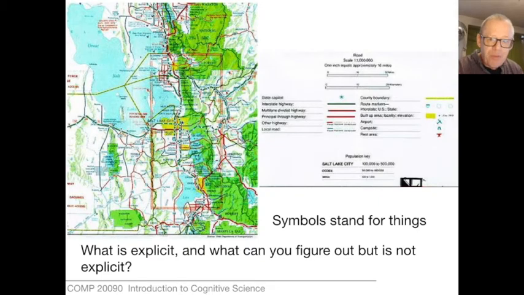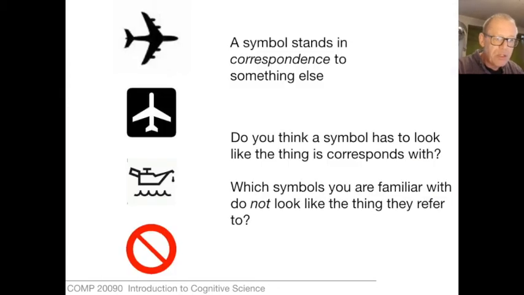Now, maps make use of symbols, and symbols are interesting things to think about. They stand in correspondence to something else, and we might ask what that relationship is. The relationship of a symbol to the thing it stands for is usually not like that piece of string that gave us a metric account of distances on the ground.